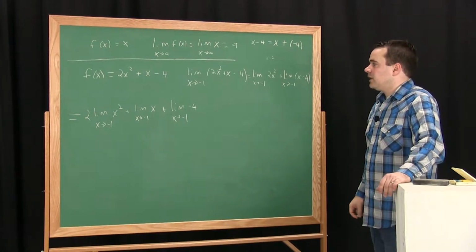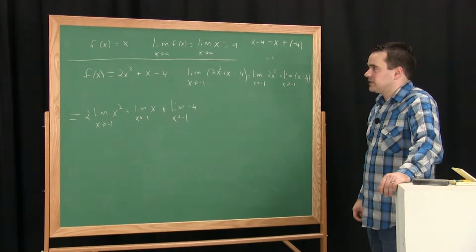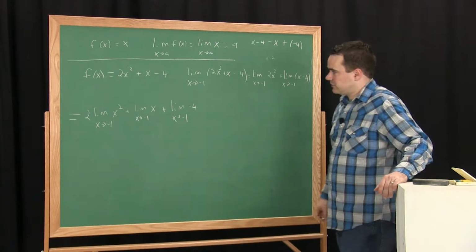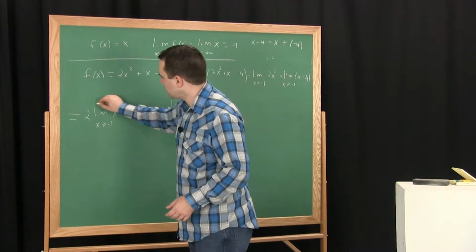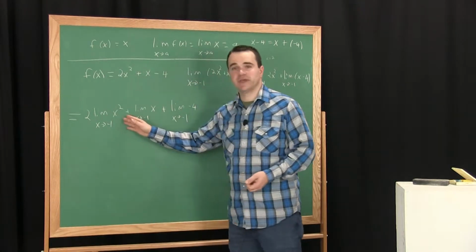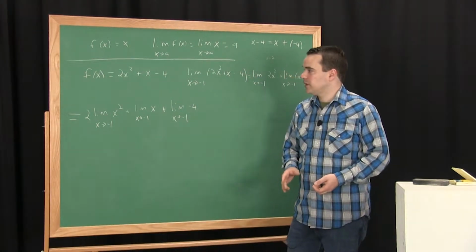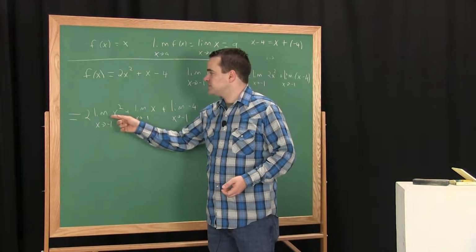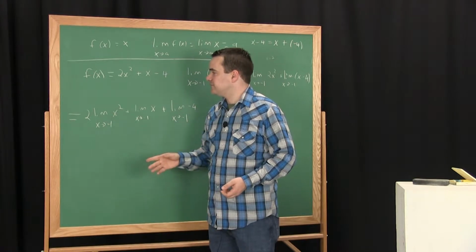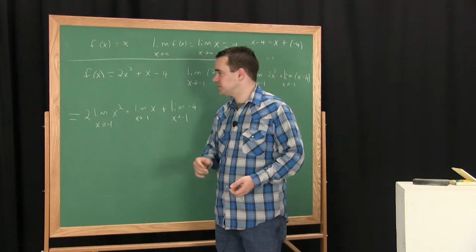And now we're almost ready to start calculating things. Well, the only thing that, strictly speaking, I don't know yet is this one. What's the limit of x squared? But here I can use the product rule that says x squared is x times itself, or I can use that exponent rule I showed you earlier.